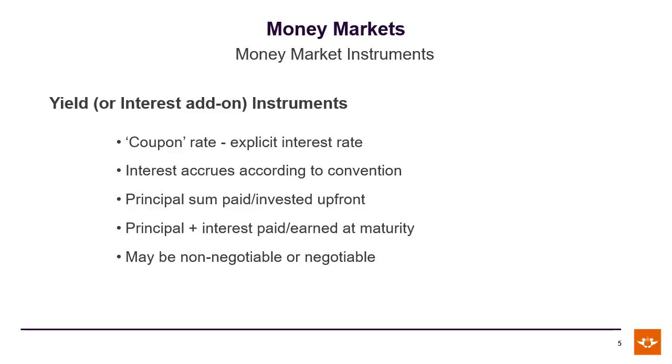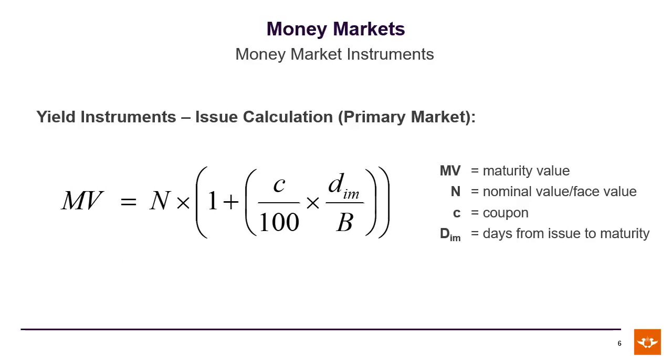So, for example, if the borrower wanted to borrow R1,000,000, then that is referred to as the face value, and that is also the price at which this instrument is issued in the primary market.